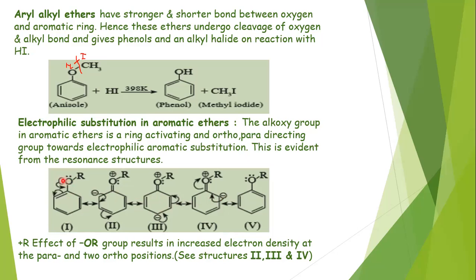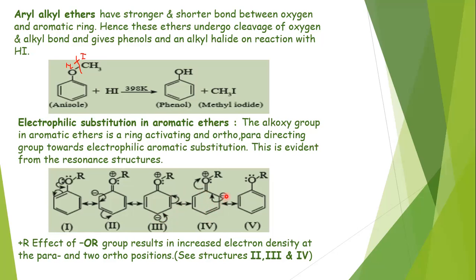See how this electron density increases. Resonating structures, we have seen these resonating structures in halogen derivatives of alkanes also. So here the negative charge is stabilized at this position. In the second resonating structure, the negative charge is stabilized at this third position. In the third structure at the para position, it again stabilizes at this ortho position in the fourth structure.